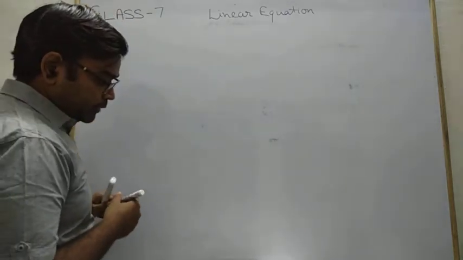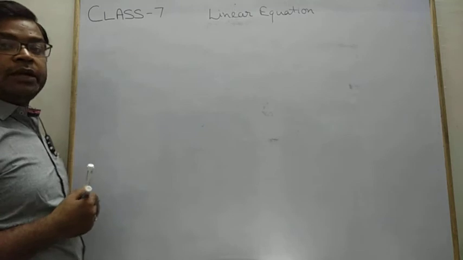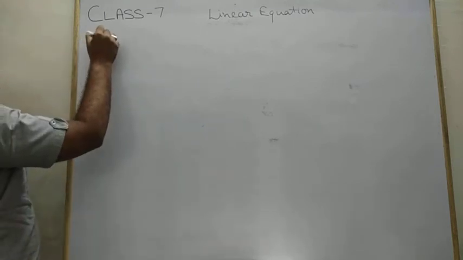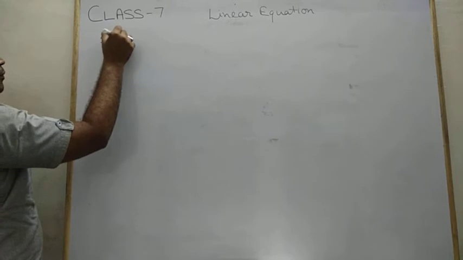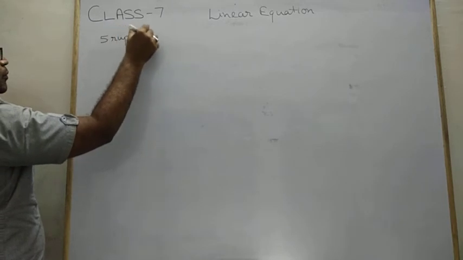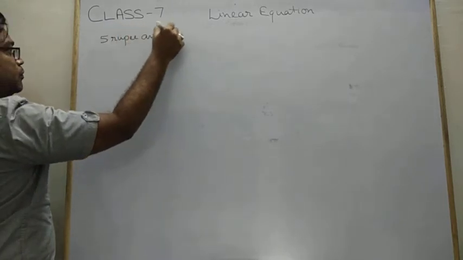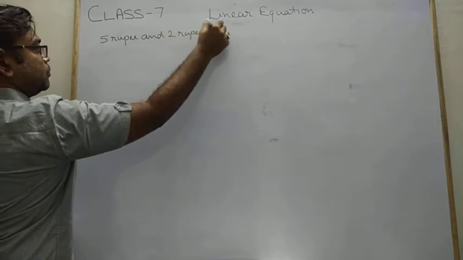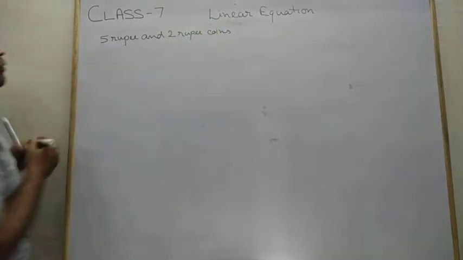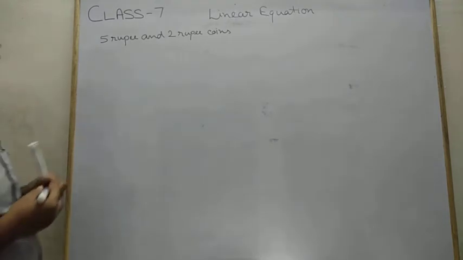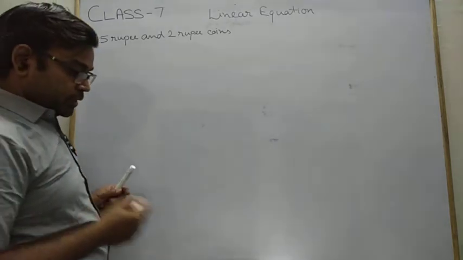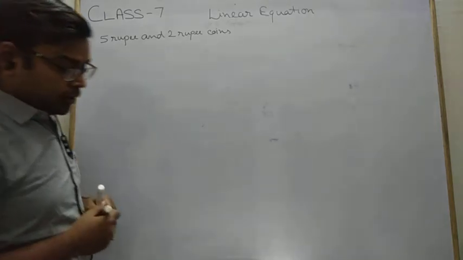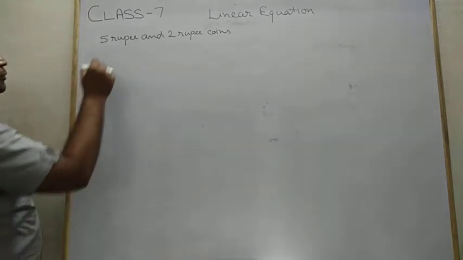It is given that I have some 5 rupee and 2 rupee coins. Now it says that the number of 2 rupee coins is 4 times the number of 5 rupee coins.